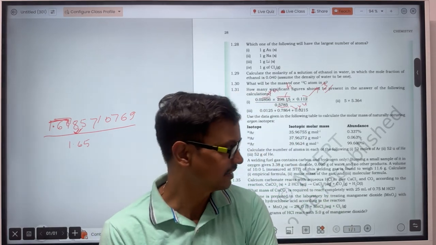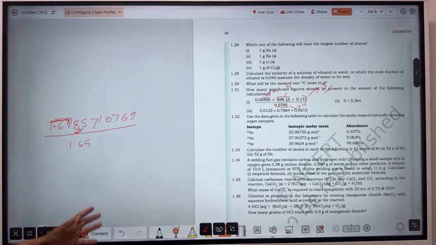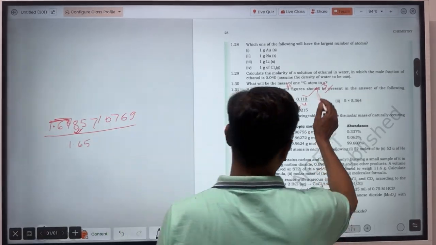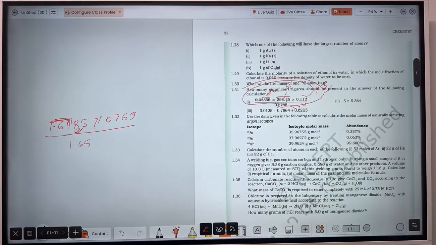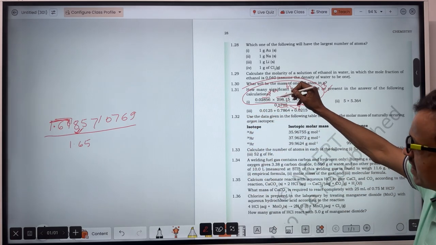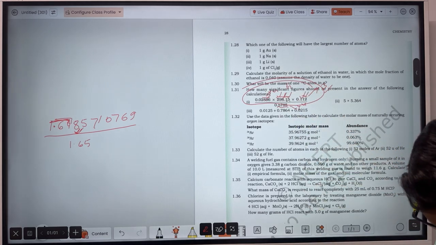So you will have to keep in mind that first of all we will have to calculate, and during multiplication and division in the reported value, the number of significant figures will be equal to the number of significant figures present in the figure containing fewer significant figures.